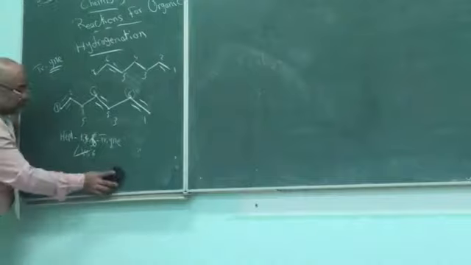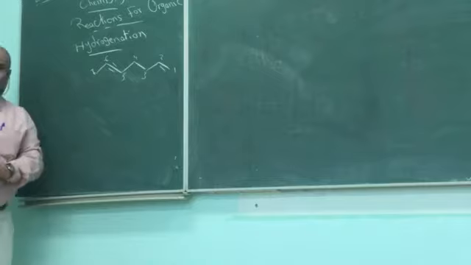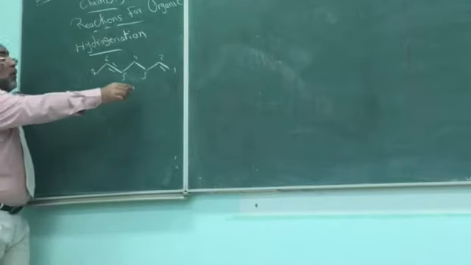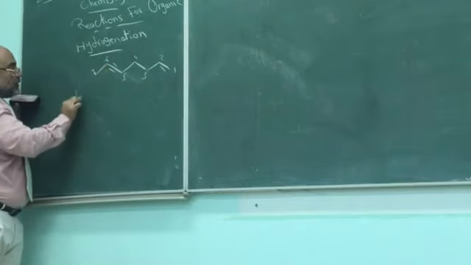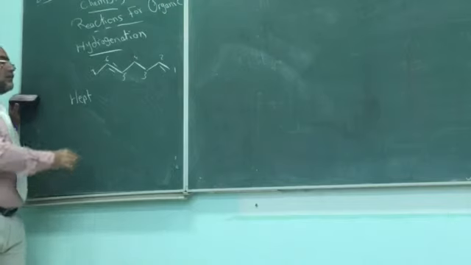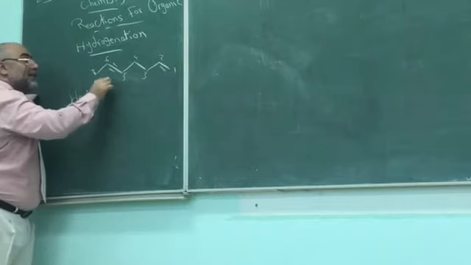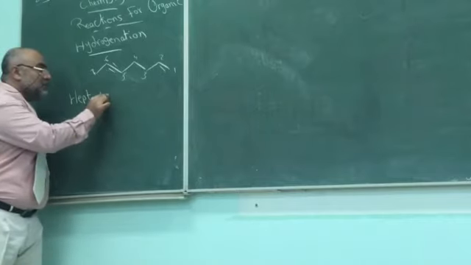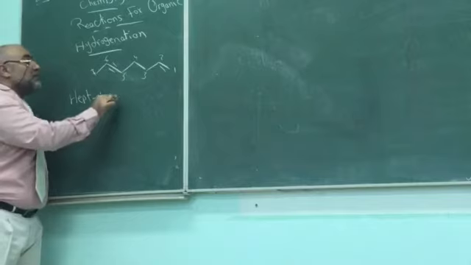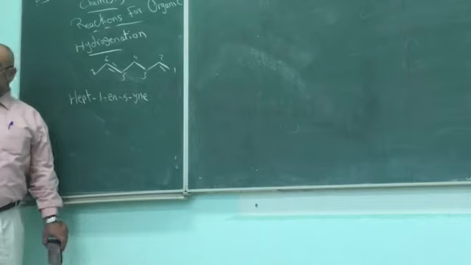In this case, one by one. Check now. 1, 2, 3, 4, 5, 6, 7. 7 is hept. Dash, 1, comma 5. Look at this one.